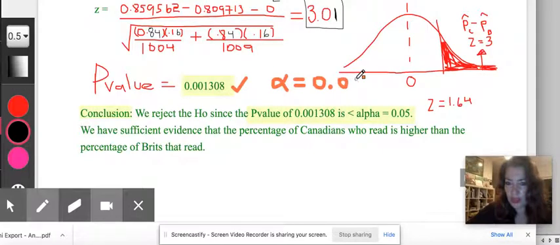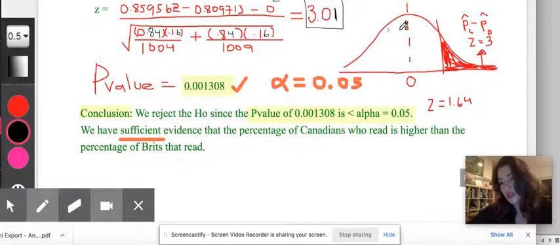We state we reject the null since the p-value of 0.001308 is less than alpha 0.05. We have sufficient evidence that the percentage of Canadians who read is higher than the percentage of Brits who read. So I restate the problem in the conclusion.